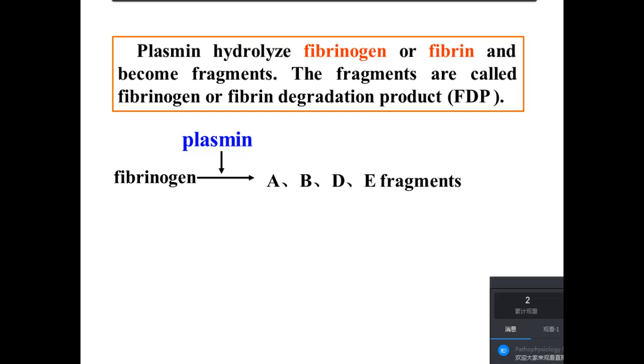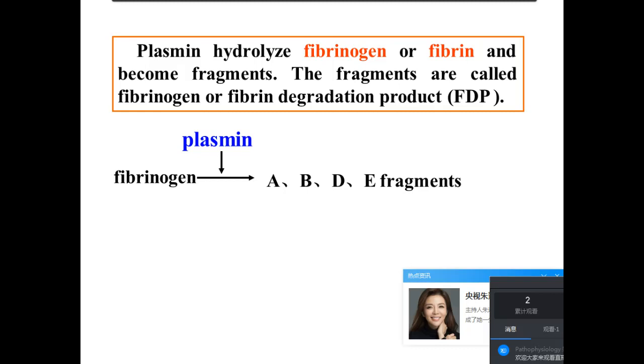Now, I have explained what is primary fibrinolytic system activation and what is secondary. Primary refers to no coagulation system activated, only the fibrinolytic system activated.